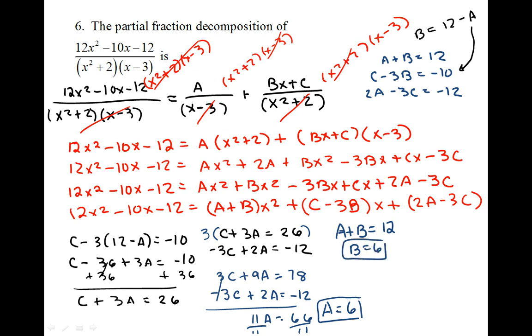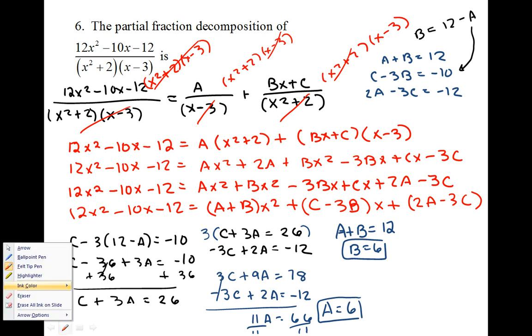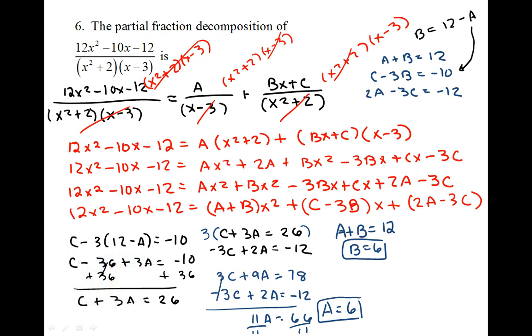And so all we have left to find is C. And we know that C minus 3 times B, which is 6, equals negative 10. So C minus 18 equals negative 10. If we add 18 to both sides, C equals 8.